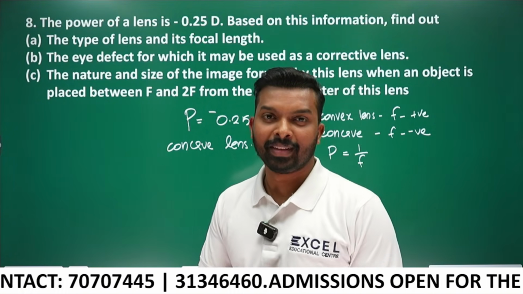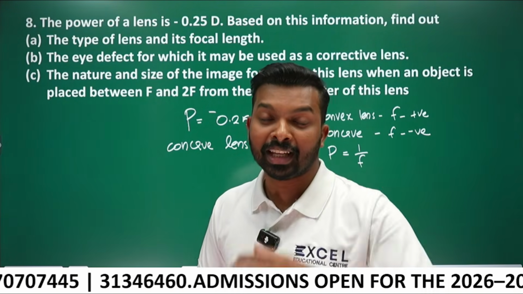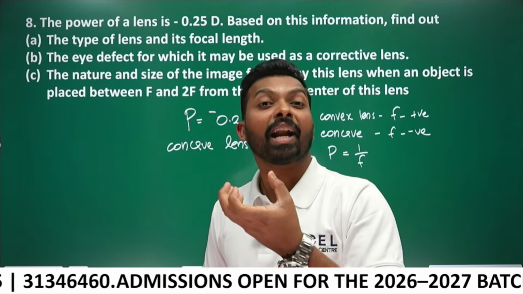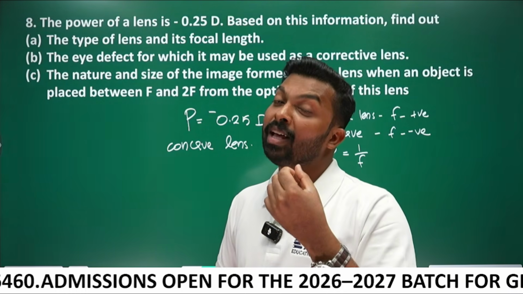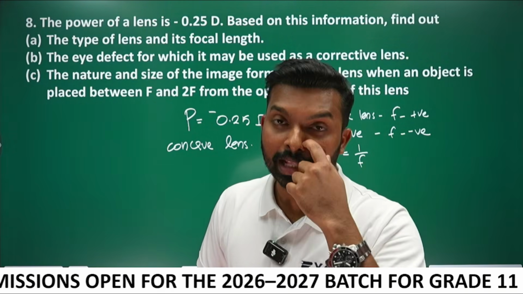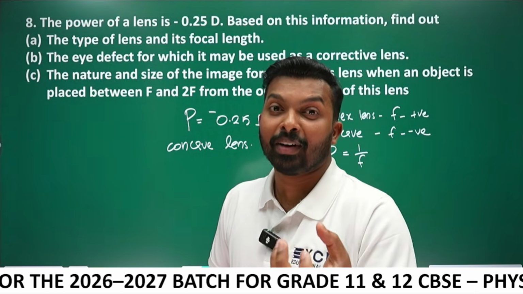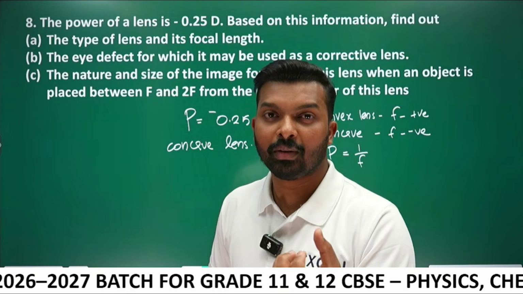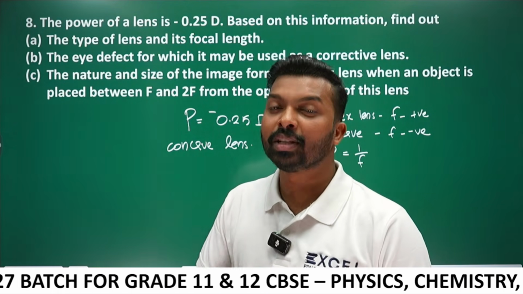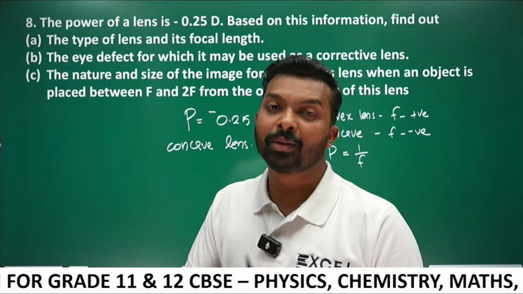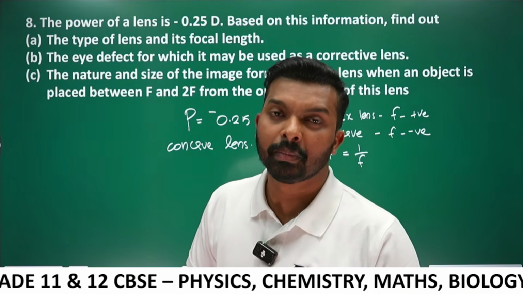Clear or not, people? From this we can understand one thing. Most of the students who are wearing glasses will be using concave lenses. Whenever you ask their powers, they will say minus, like minus 2 or minus 3, because the eye defect which is seen in youngsters is basically myopia.